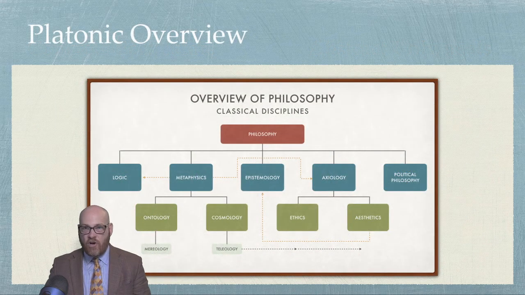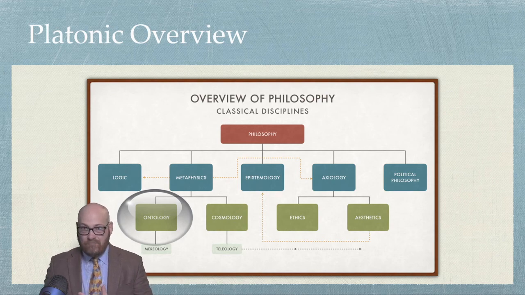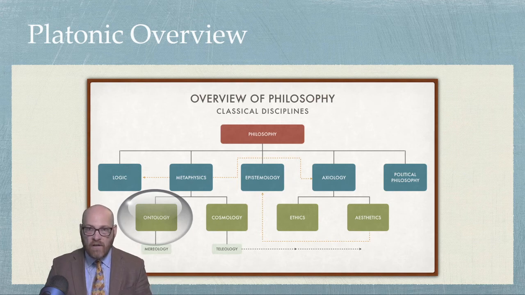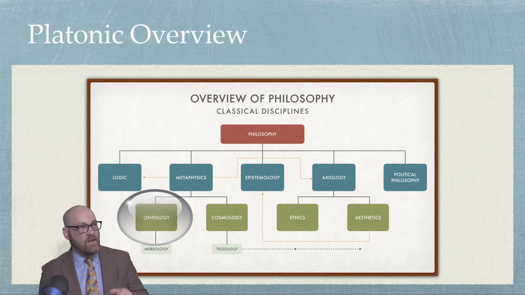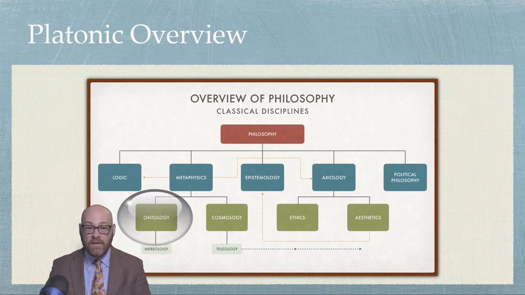Do you remember this chart from the beginning? So as we're considering specifically Plato's philosophy of education, I want to look at three different categories. I'm going to start with his ontology. Plato maintains that ideas, such as the ideals of perfect beauty and goodness are more real than material things, such as a beautiful sunset or a good person.